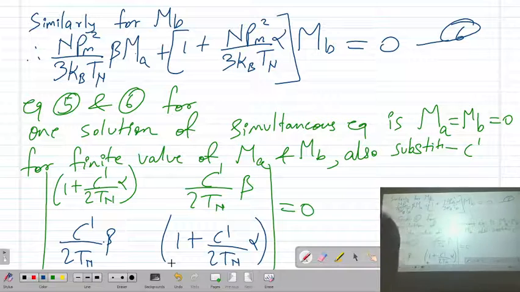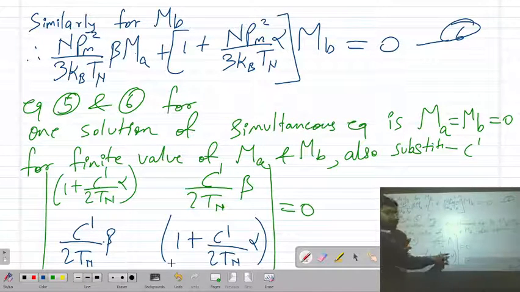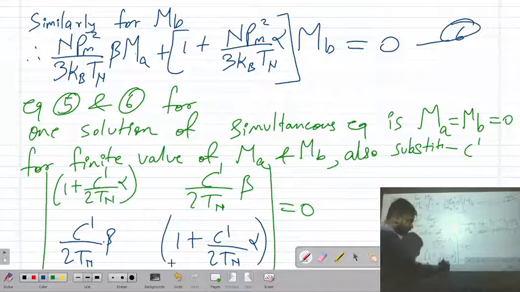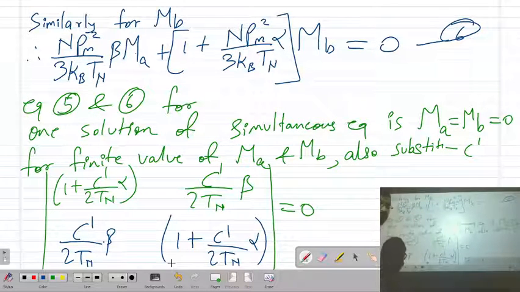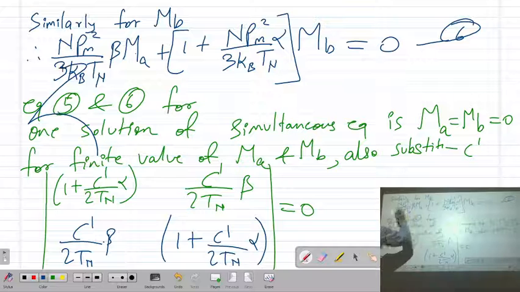Now, going ahead, we will derive the determinant form. We will multiply these two terms and these two terms for the solution.